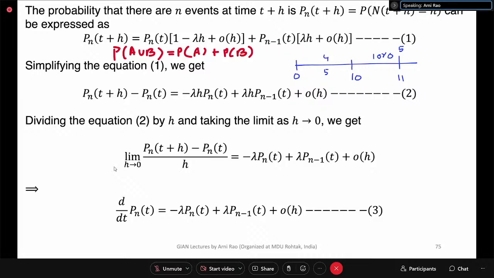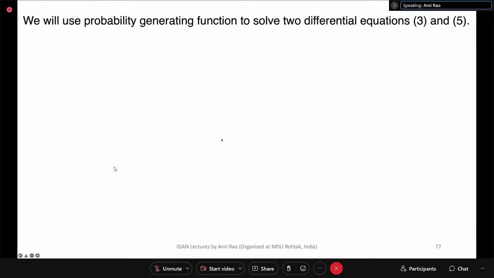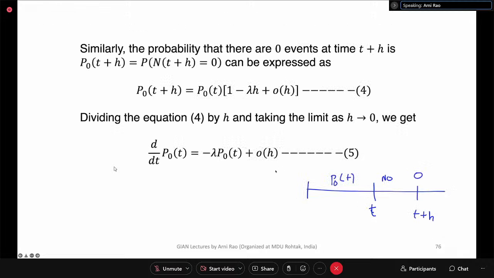Because that is there, we try to exploit that association of s^n and p_n(t), and multiply this equation by s^n. Similarly, we do the same for s^0 here. Later you'll see, combining these two together.